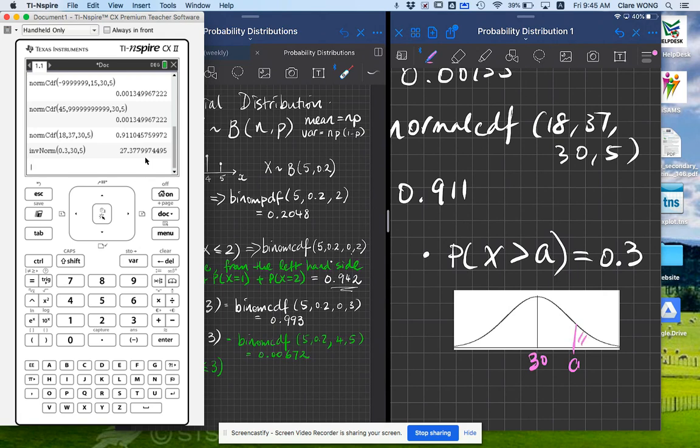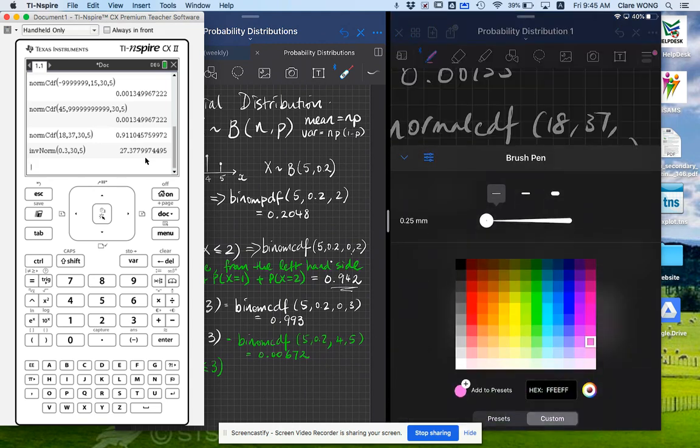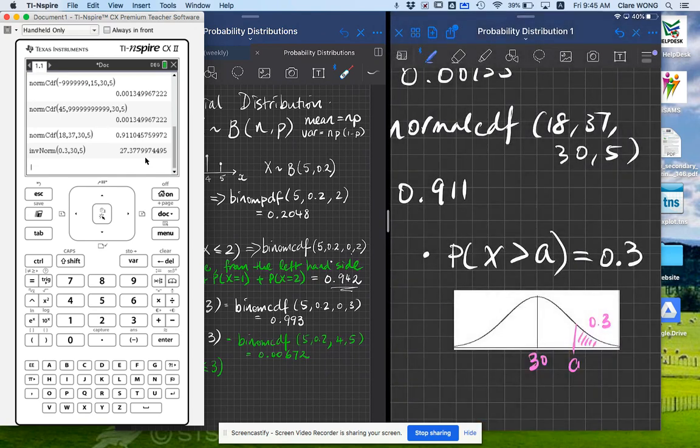A is over here, 0.3. We can't use this because it's on the right hand end. So we're going to change it to say this. And of course, this blue area has the probability of 0.7.